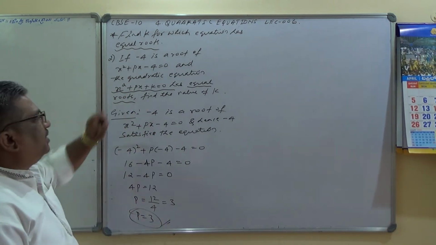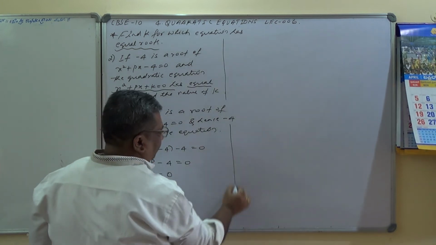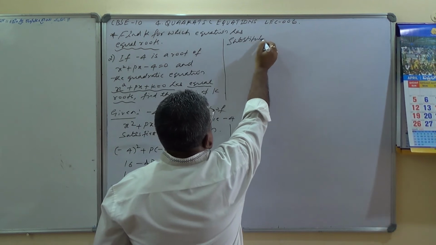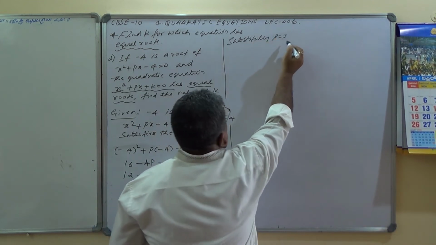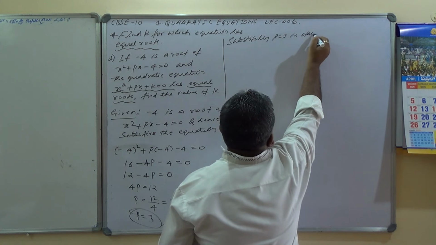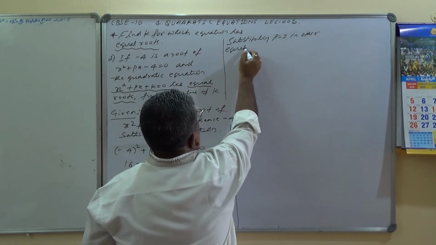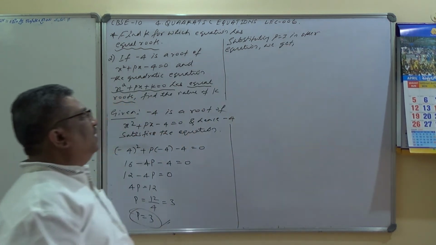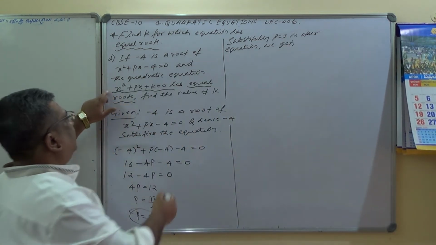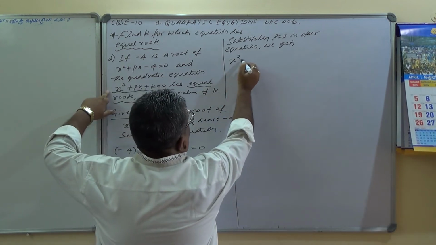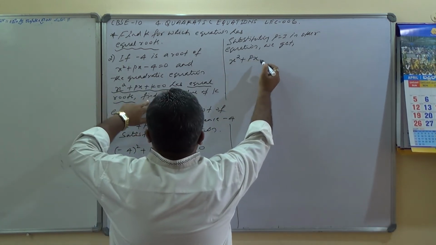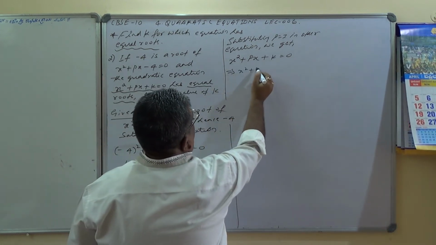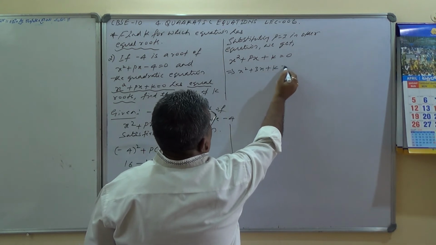Substitute p equals 3 in this equation. Now substituting p equals 3 in the other equation, x square plus px plus k equals 0 implies x square plus 3x plus k equals 0.